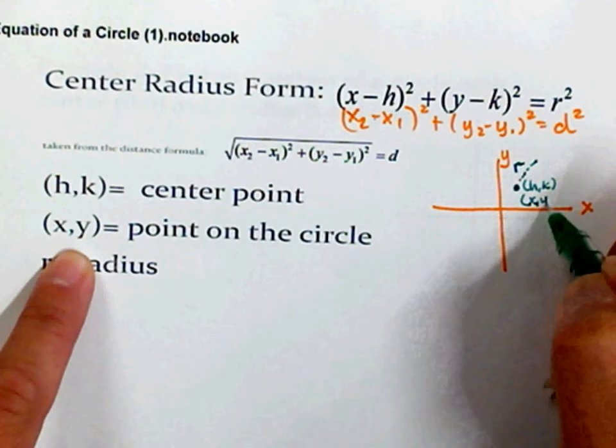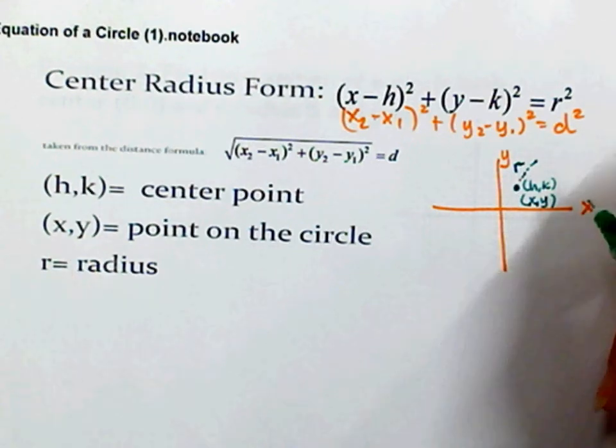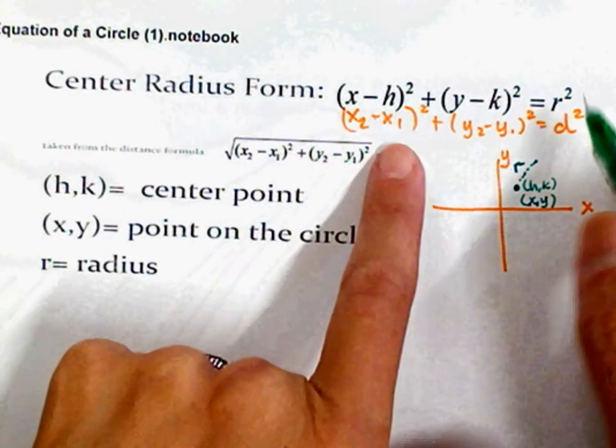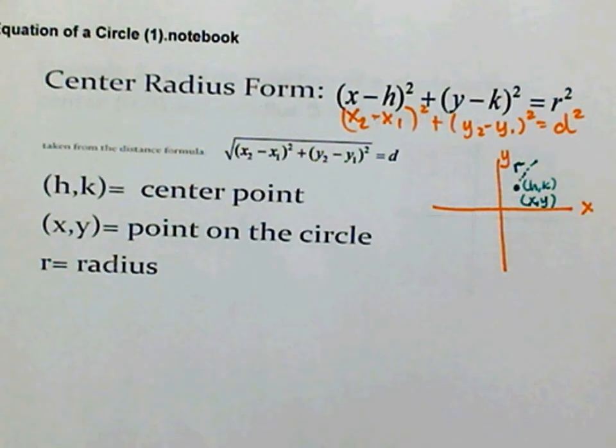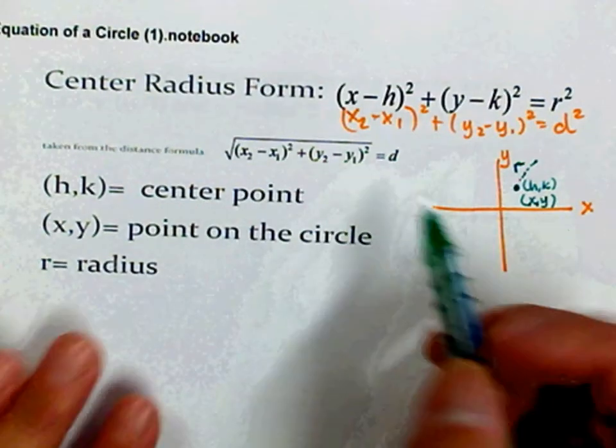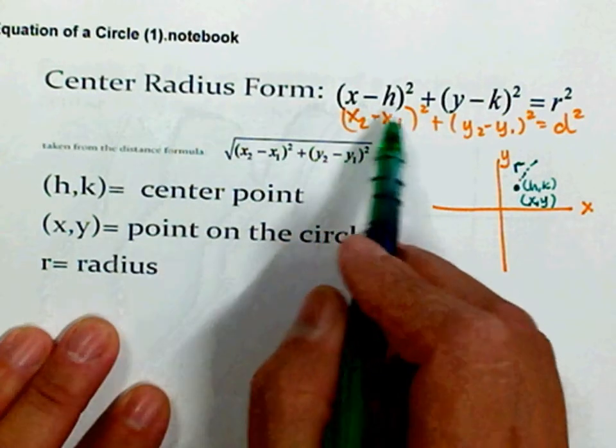That's all you really need to know regarding this part. But this is where it's coming from. It's right here, your x1, y1. That's your center. And the d, when you take a square root of it, is basically your radius, which is your c. So if you will remember the equation of a circle, it comes from the distance.